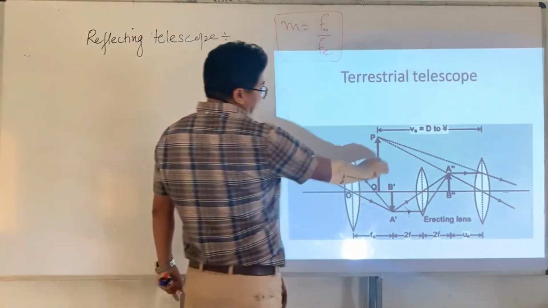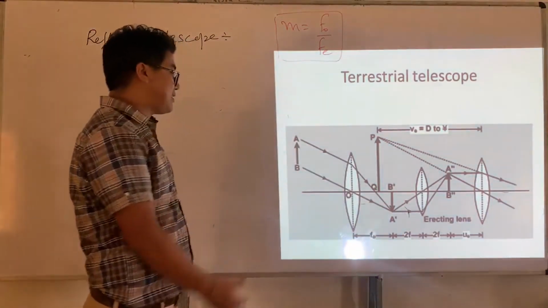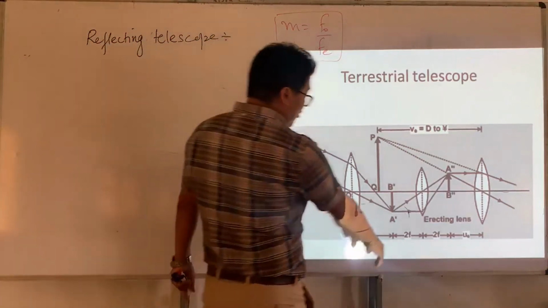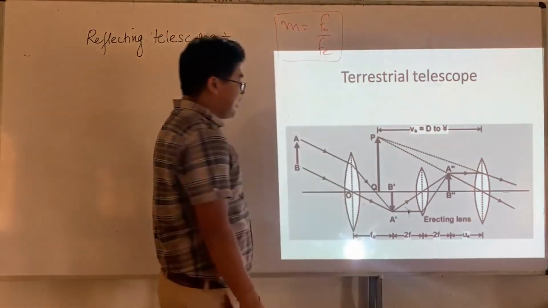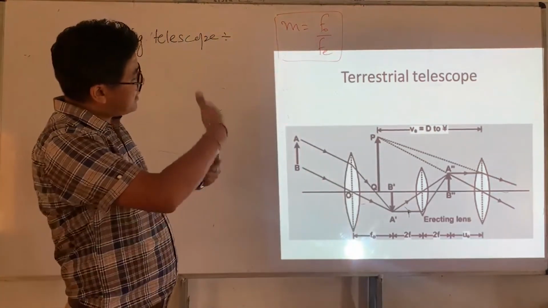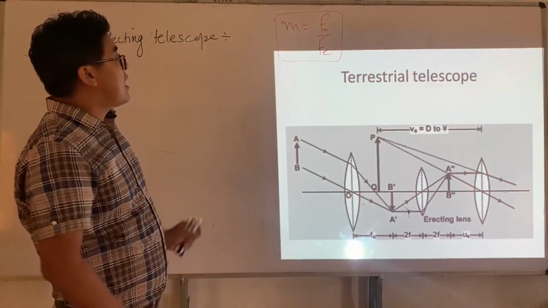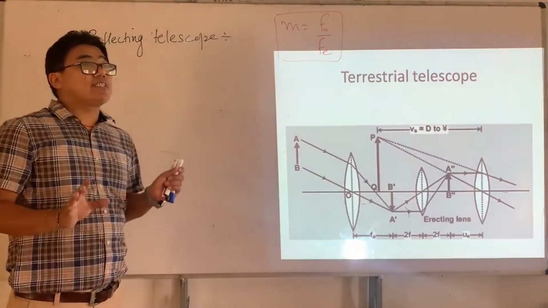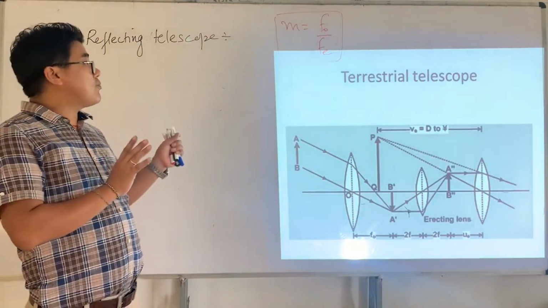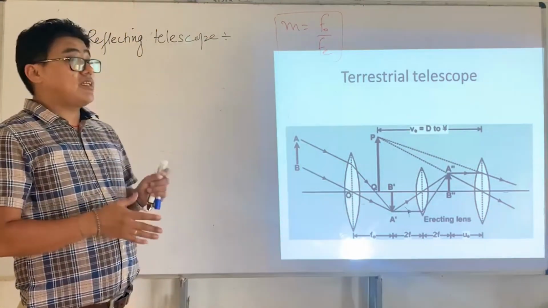It consists of 3 lenses, and this is what we call an erecting lens. This lens makes the final image erect, right? So this is the terrestrial telescope. This is how we differentiate between an astronomical telescope and a terrestrial telescope.